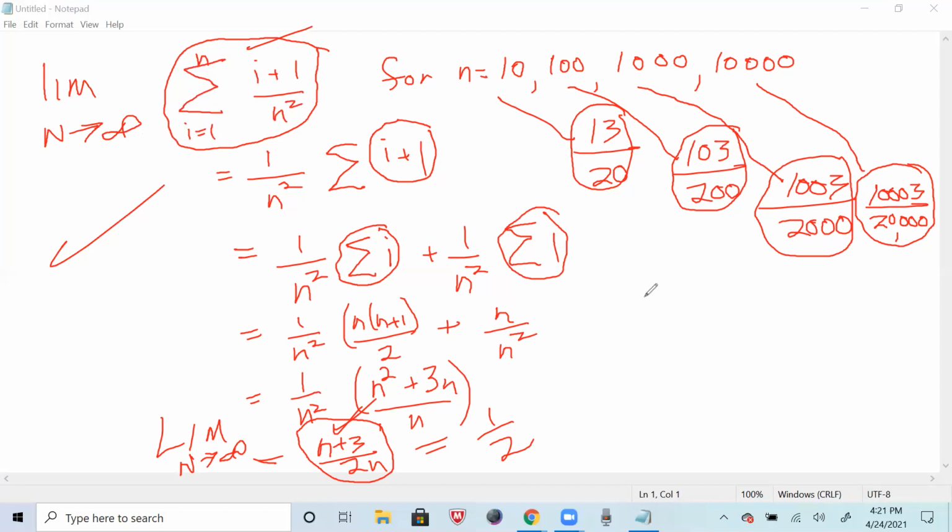In other words, if I want to pick big fat rectangles, I don't have very many of them. I only have 5 of them. And the width of them is this distance. Since I put 5 of them in there, it is that distance divided by 5.